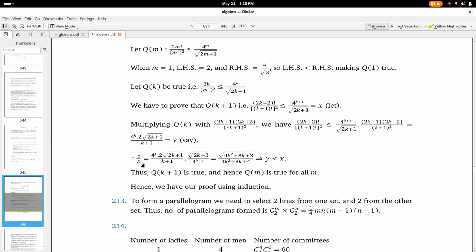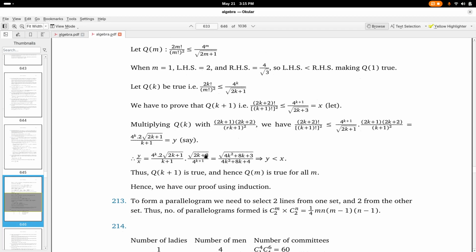Now we divide y by x, and similarly we obtain the result. So we have this as y, and y is equal to this into 2k plus 3.